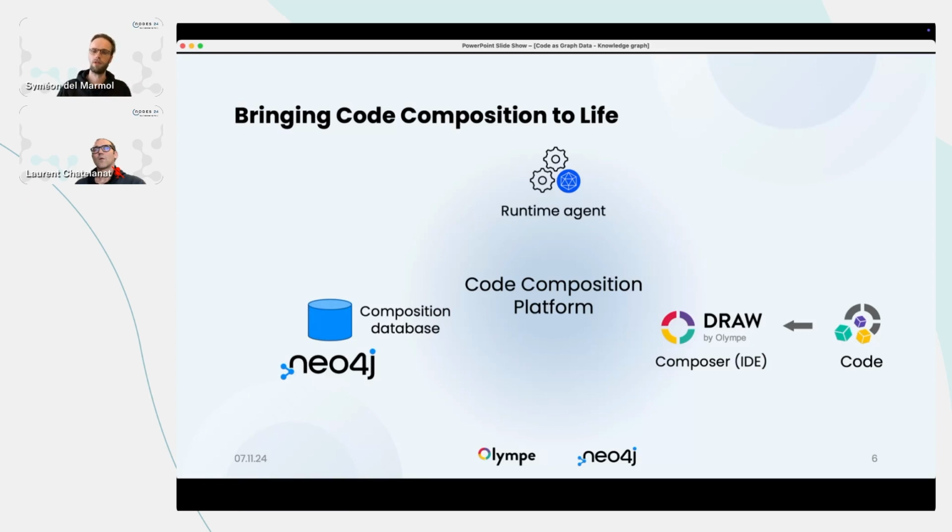And finally, you have, of course, the IDE, which helps you to compose and write your code. Since it's a bit more complex for a human to write queries and transactions into Neo4j, we won't write them manually. The IDE, the composer, named Draw, will do that for you, and you will be able to actually draw your data flows.